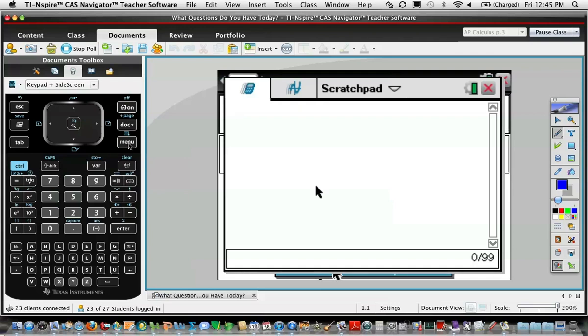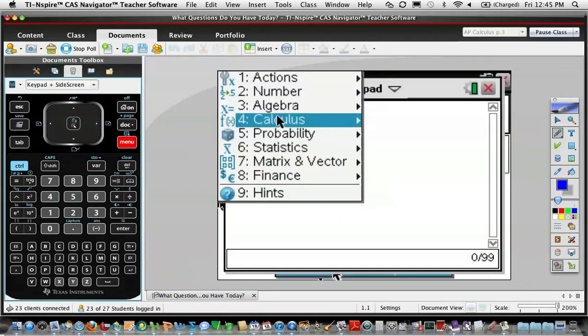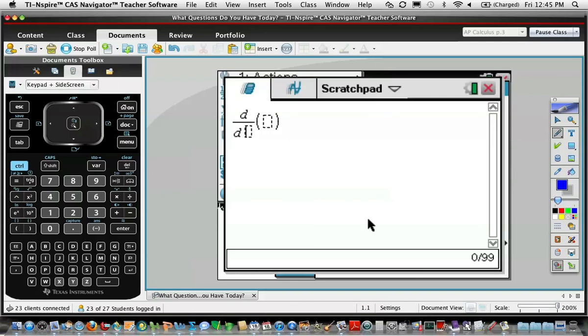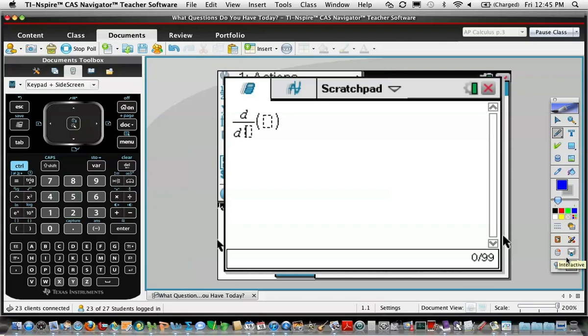So let's do one. If you go under Menu to Calculus, go to the first choice, which is Derivative. Okay? And this thing pops up. Now, let me make a couple comments about that notation, first of all.